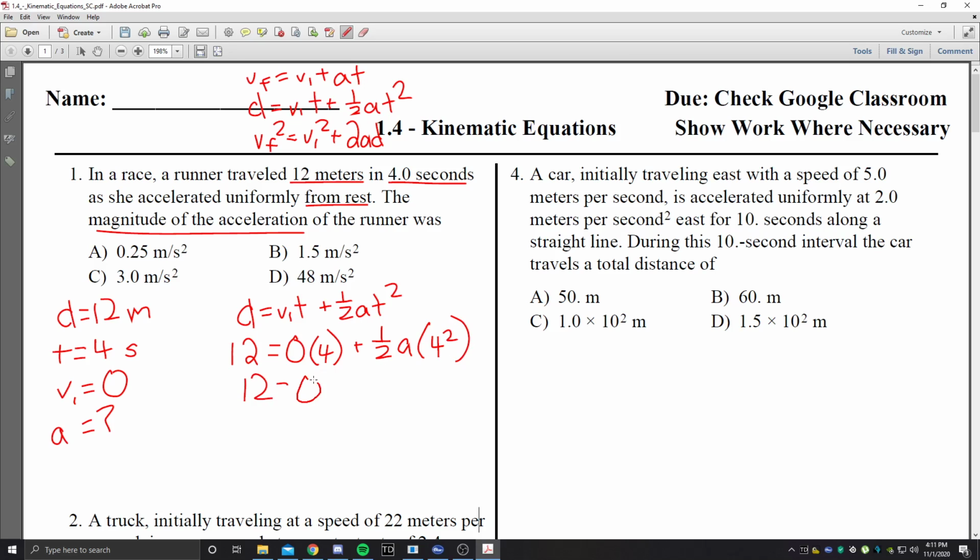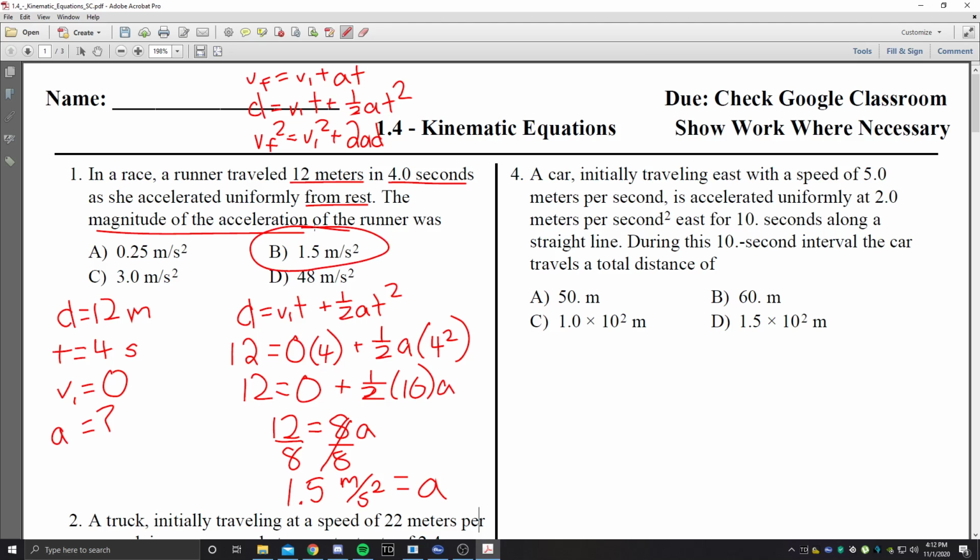So 12 is equal to 0 plus 1/2 times 16a. I'm just going to move it over, because you can do that. 1/2 times 16 is going to be 8, 8a, divided by 8. And what you're going to get is 1.5 meters per second squared is your acceleration. And so B is the answer.